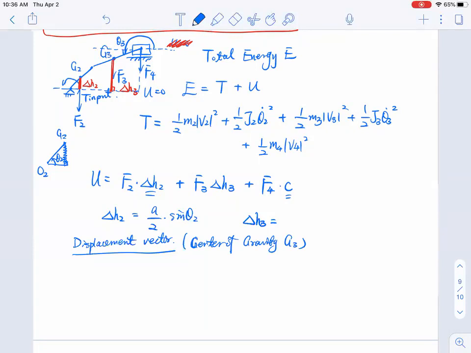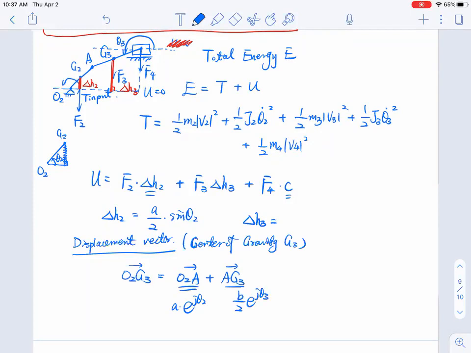The displacement vector starts from your reference line, so your reference is O2. It ends at the point where you want to calculate the potential energy, that's your G3. We already know that, naming this joint as A, it is a summation of O2A plus AG3, right? O2A is just A times e^(j theta 2), and AG3 is half B e^(j theta 3).